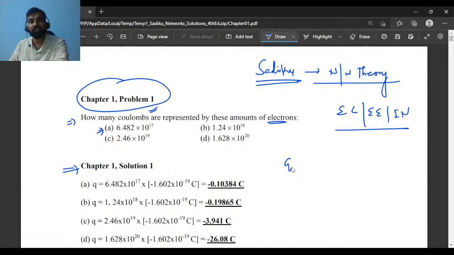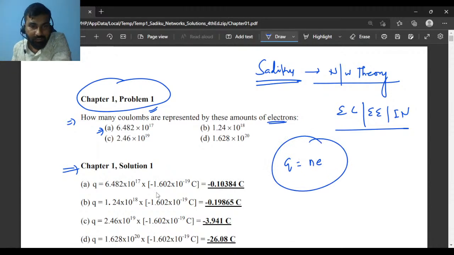Charge is basically n times e, where e is 1.602 into 10 raised to power minus 19 coulomb. This is the number of electrons they have given, so you just multiply it and you will get the answer.